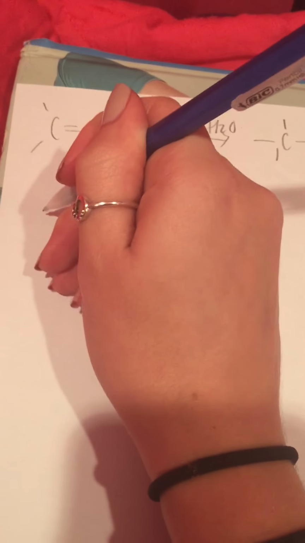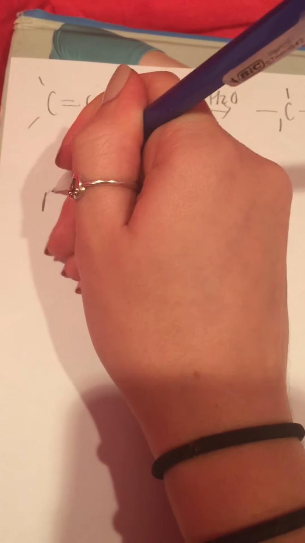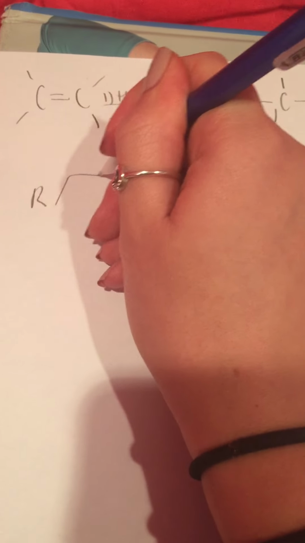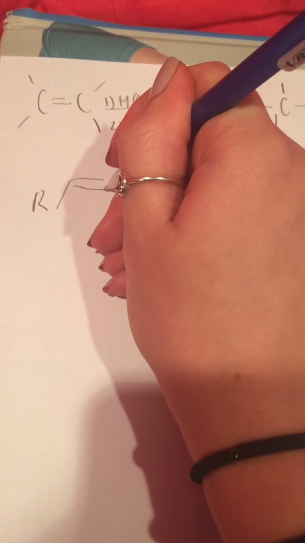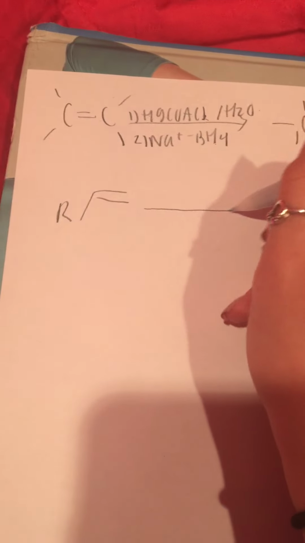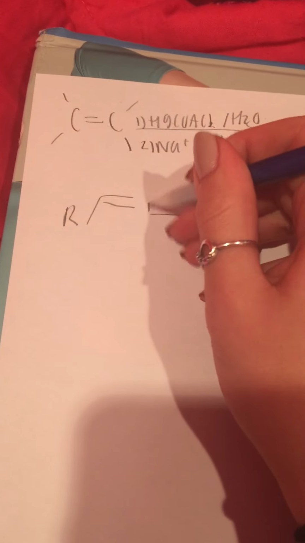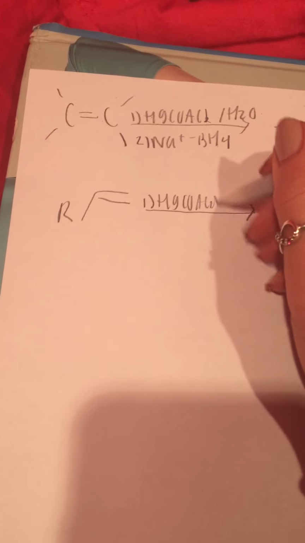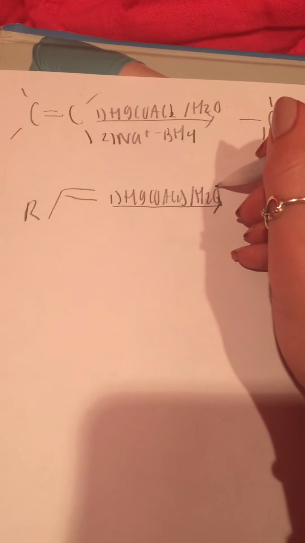So a more generic way of showing this would be something like if you have an R group, something like that with your double bond. And if you want an alcohol group, you can treat this with mercuric acetate and water right here.